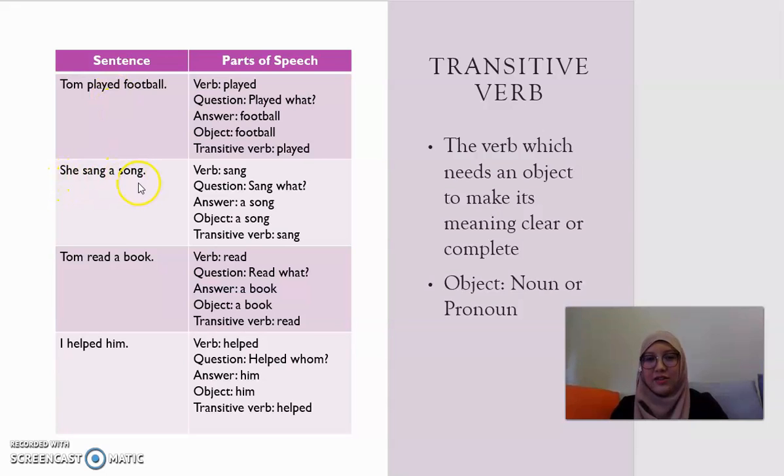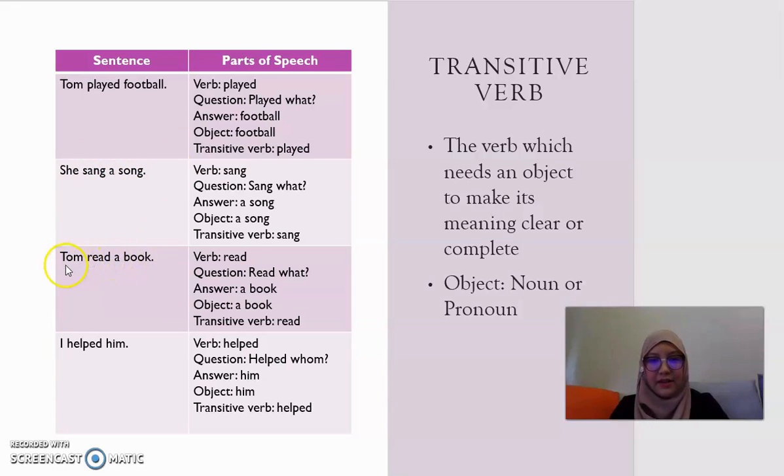A song is the object, so sang is the transitive verb. It relies on the object, a song, to make it complete. You cannot say she sang. She sang what? It's hanging. This sentence is complete with the object. So that is a transitive verb.